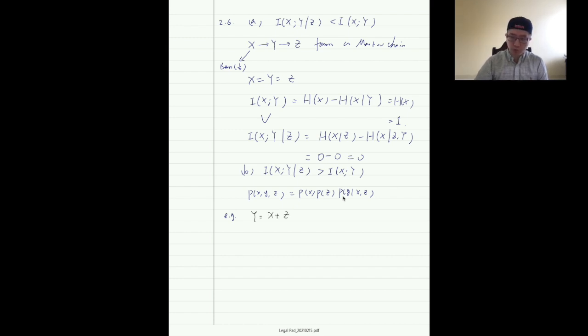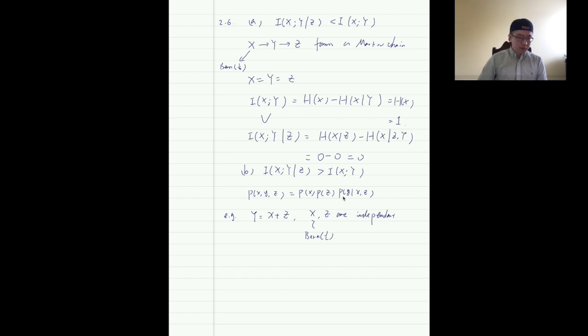In other words, y is x plus z, right? And here we may assume that x and z are independent. Okay, and then we give them a special distribution. We say it's distributed Bernoulli half again, right? That is the simplest distribution that we can use.